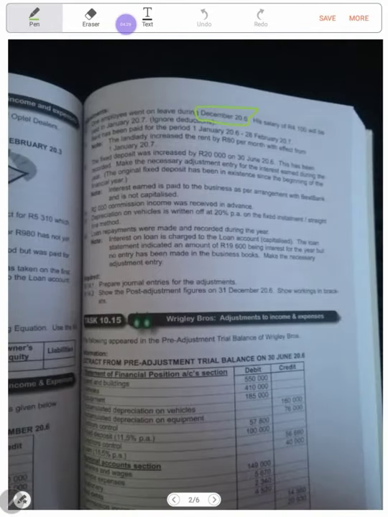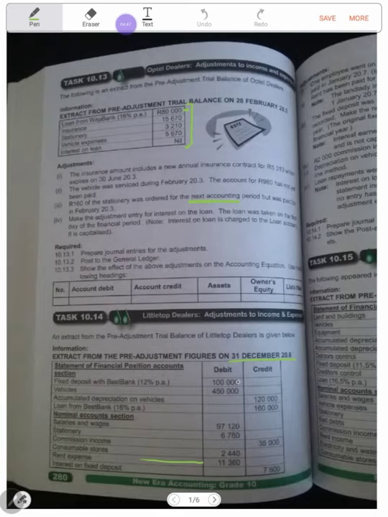Moving along to number 3, it says the fixed deposit was increased by 20,000 on the 30th of June 20.6. This has been recorded. Please note, they're telling us at this point that the 20,000 has been recorded, so it's already reflected in this 100 Rand.